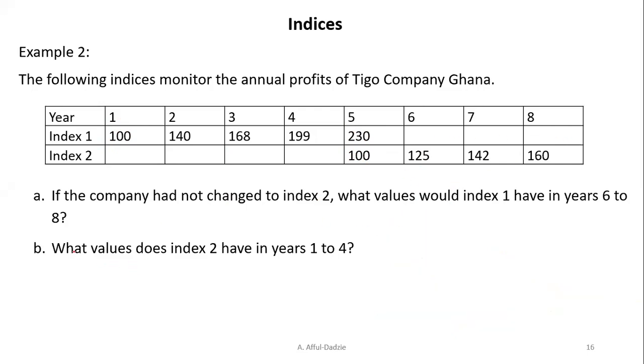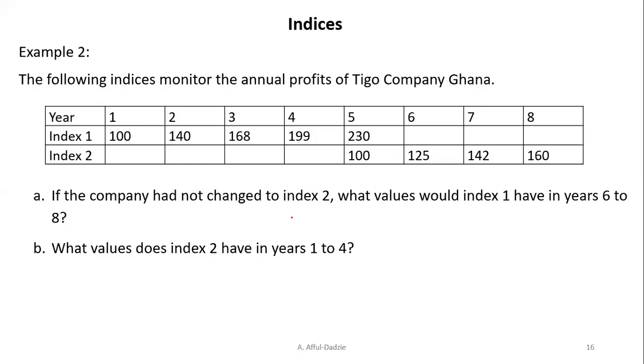Now, it tells us what values index 2 has in years 1 to 4. What this is saying again is that we want you to track back. Now we are at index 2, meaning the new index here. You are to compute the new index, comparing it with the old index.